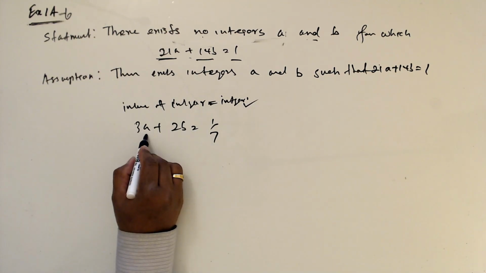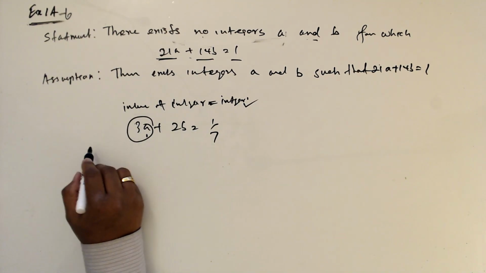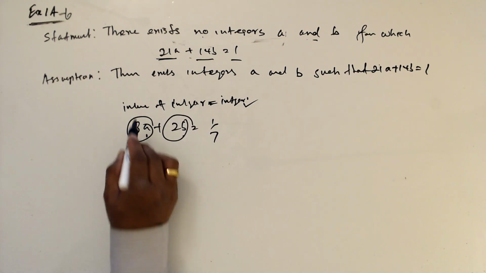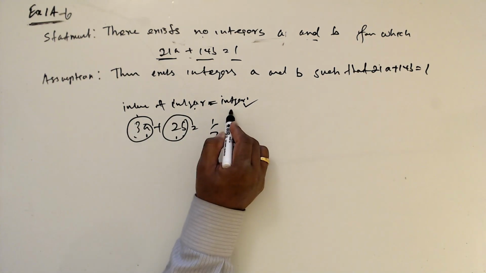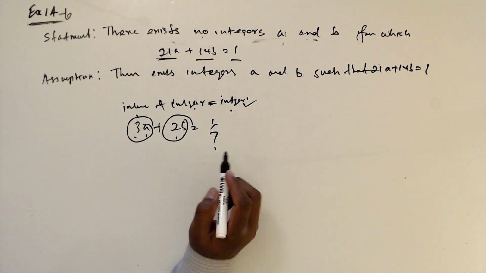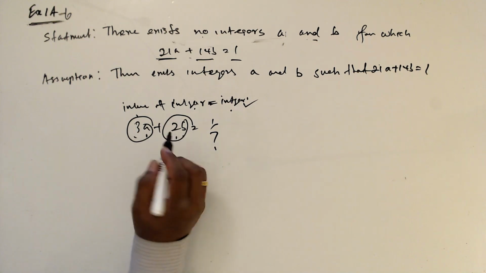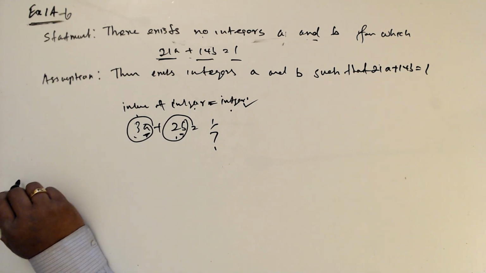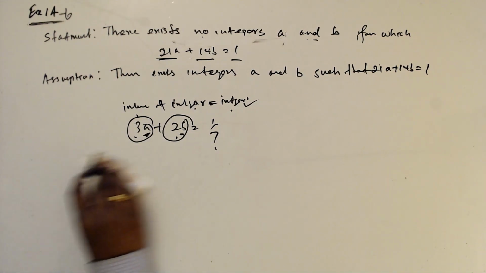If a is an integer, then 3a is an integer. If b is an integer, then 2b is an integer. Integer plus integer has to be an integer, but this is not. Then the only possibility is that a and b cannot be integers. This is the argument we are going to give.